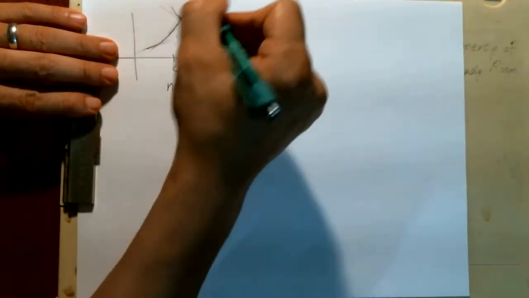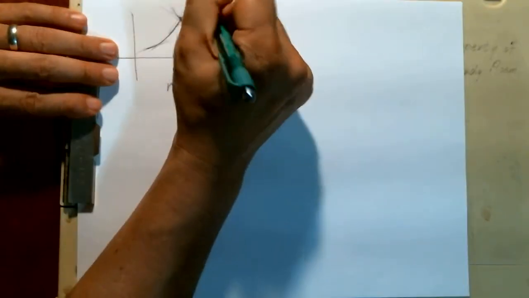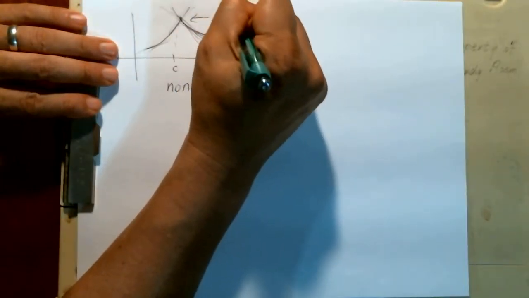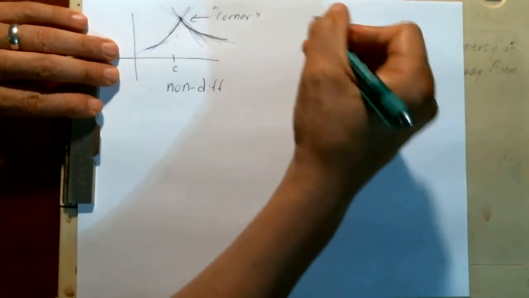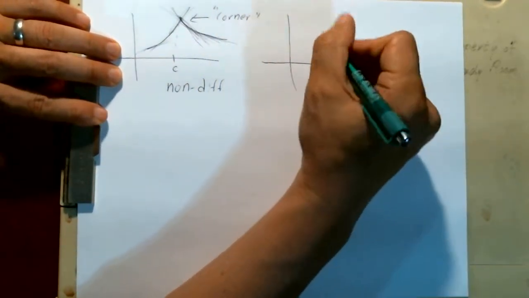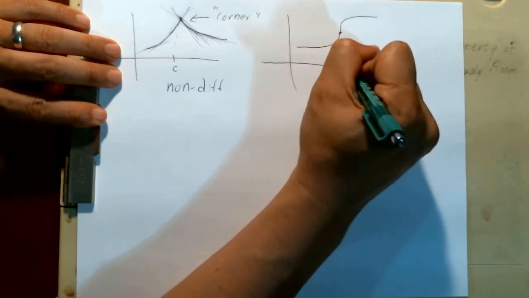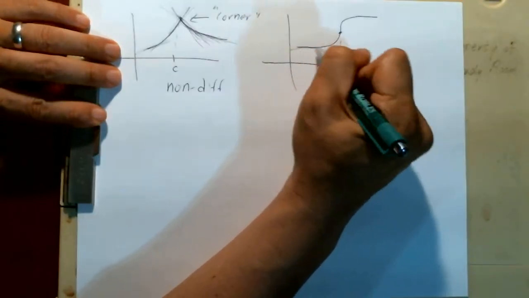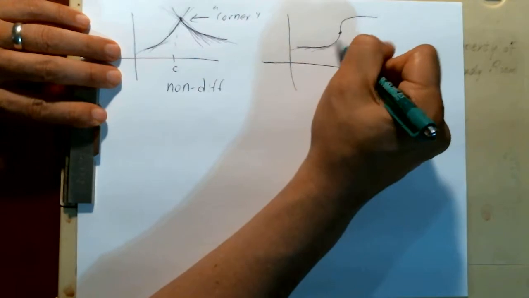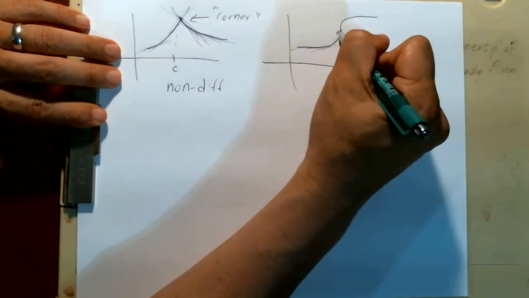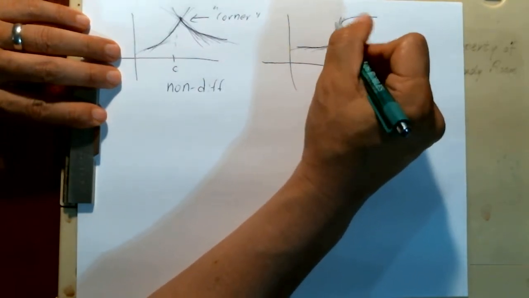They call this a cusp. I believe this book calls it a corner. The second type of non-differentiability is if you have something like this. At this point, C right there, the slope seems to be like this, tangential slope, and then you hit it right here and you go, wow, that's a vertical slope right there.